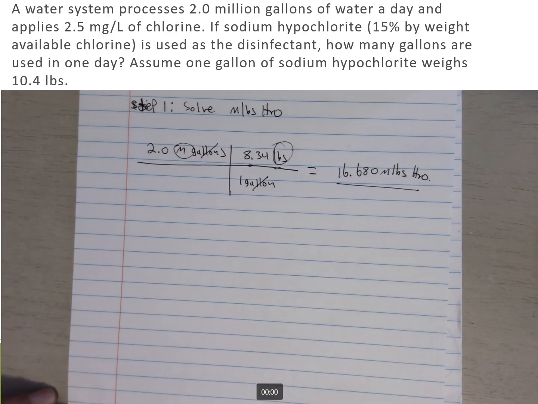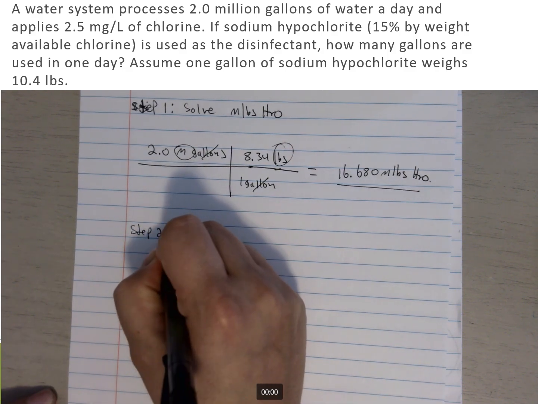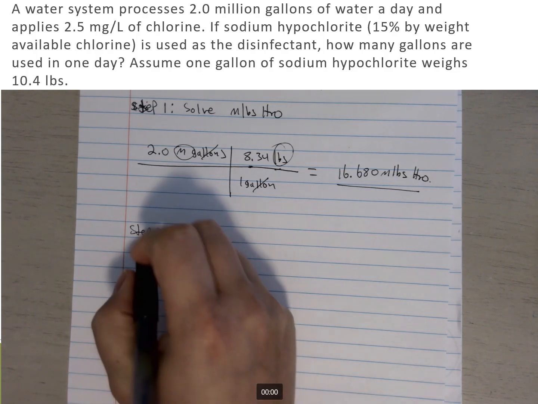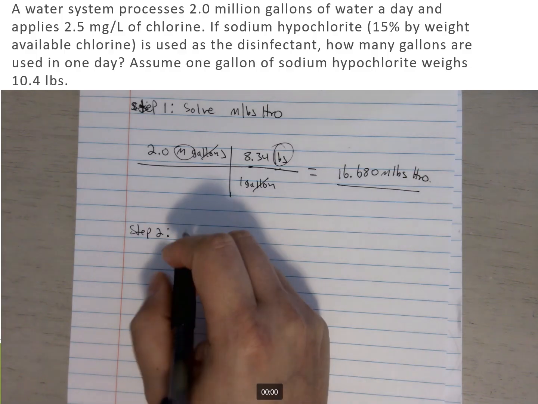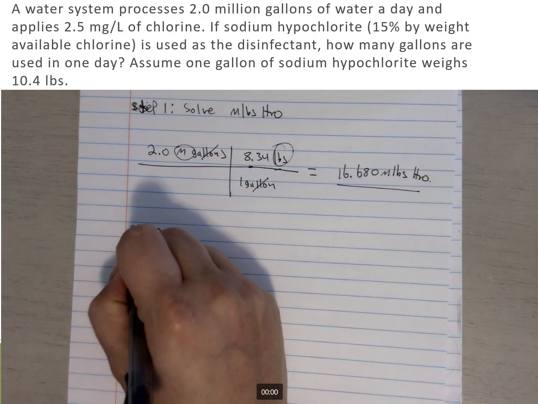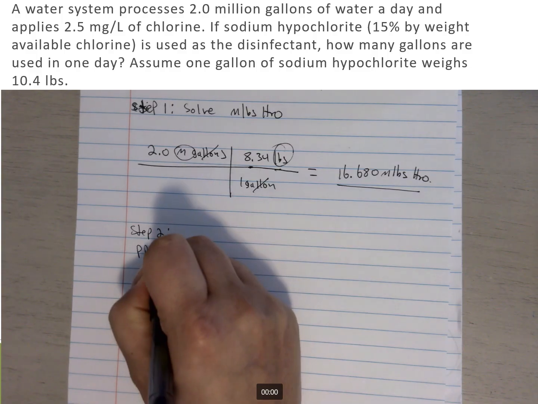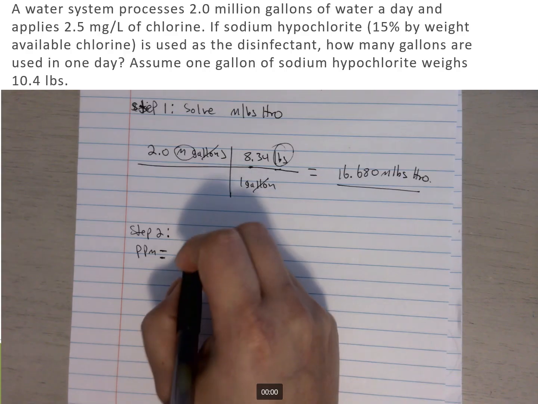Now, step number 2. We have to look and see what the problem statement is asking us and what we're trying to find, because we're going to be using the part per million equation to find either the pounds of chemical or the part per million, depending on what's given, right? So let's write down both of our part per million equations. Let's see what we're given and what equation we need to use, right?